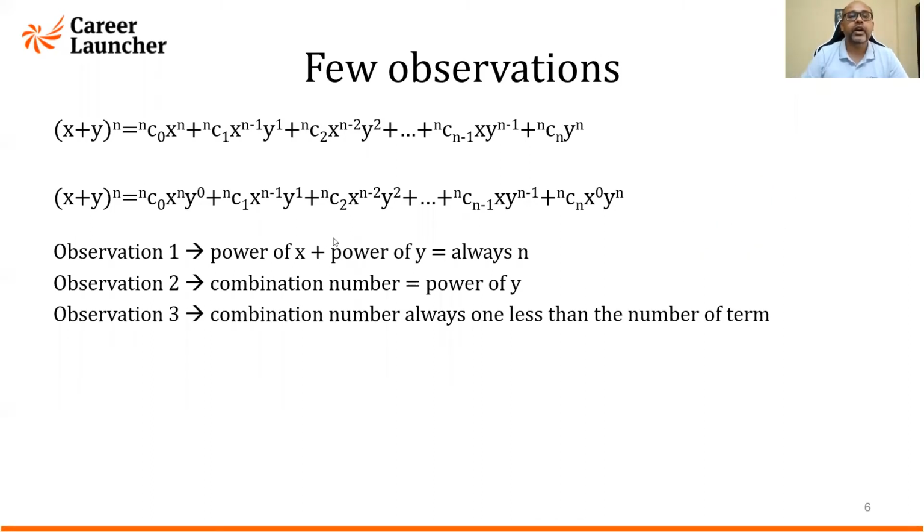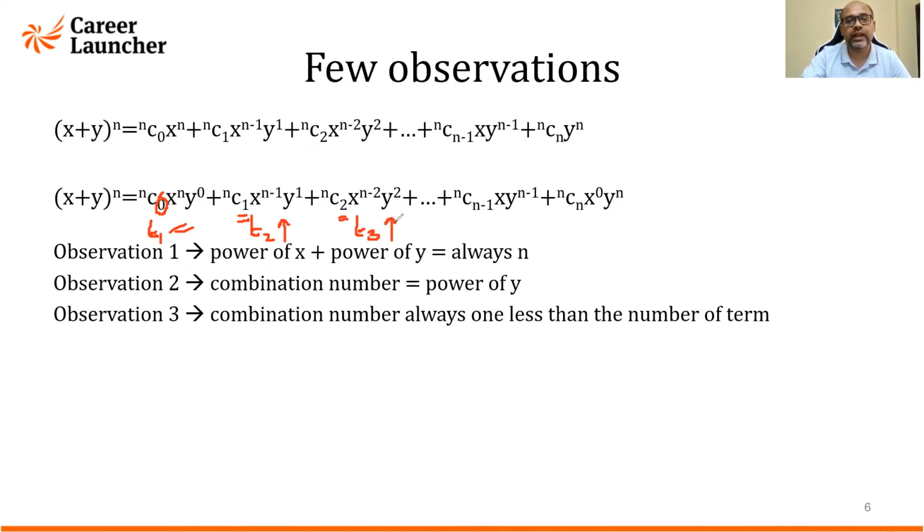So this is how you write the general term, which I'm having coming up next. Observation 3: the combination number is always 1 less than the number of the term. Now what is the number of the term? Just observe this. This is my term 1, this is my second term, this is my third term, and so on. So the 0 is 1 less than the first term. This 1 is 1 less than term number 2.